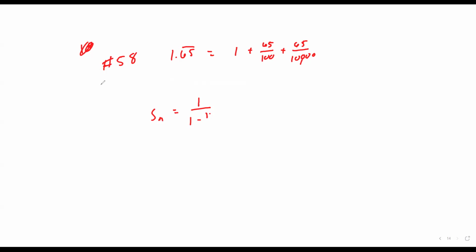No, because you're dividing by 10 each time. So this would be, okay, so 1, would it be 165? Let's do that. So this would be 165 over 100. And that would give you 1 over 65 over 100.